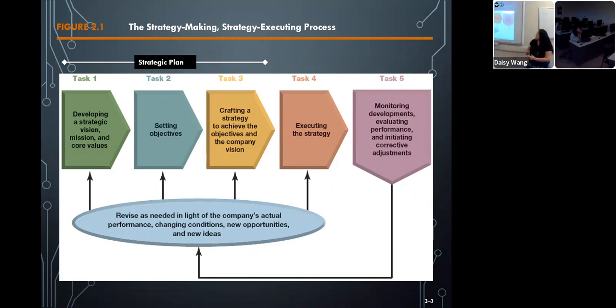And then we're going to craft the strategy that we talked about last time. There are 2 fundamental strategies, and you are going to focus on what exactly you want to do. And then executing the strategy. Based on your strategy and your decisions, you already see the result of the decisions. I don't know how many of you watch the videos.